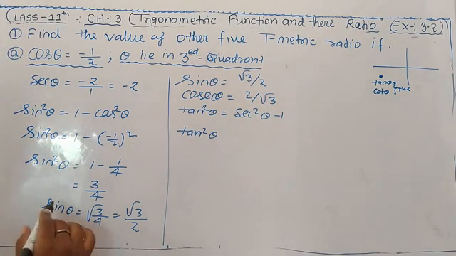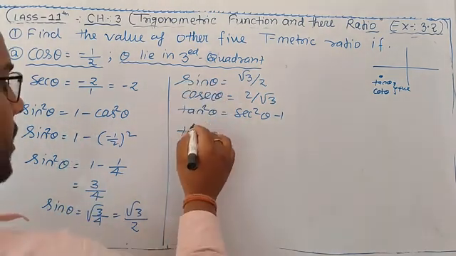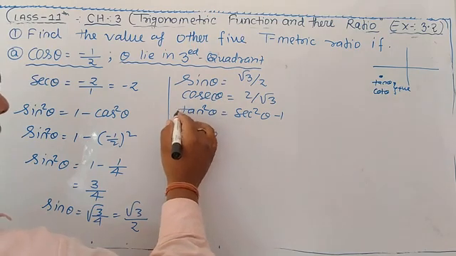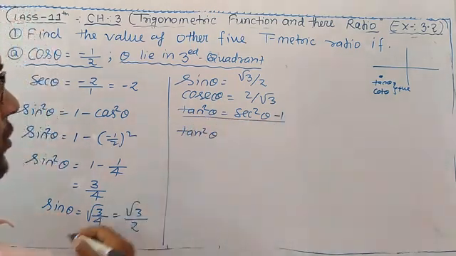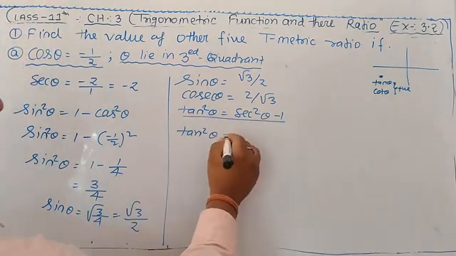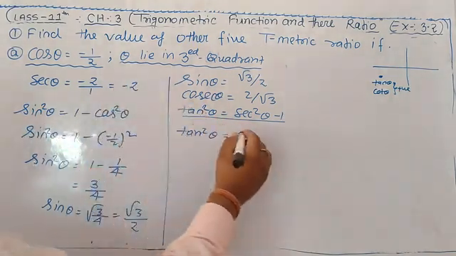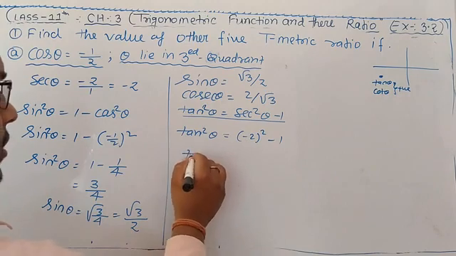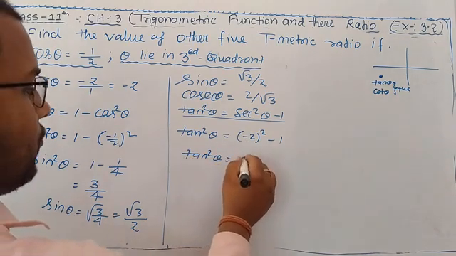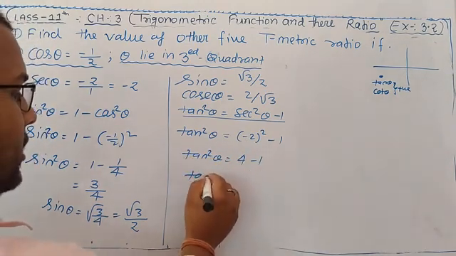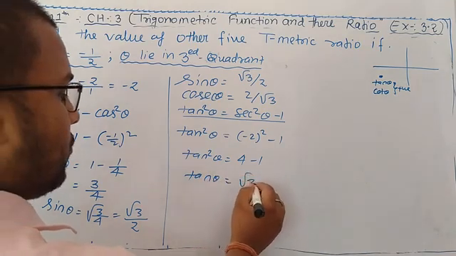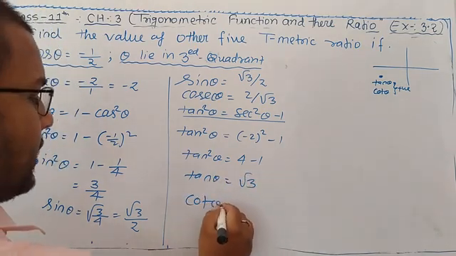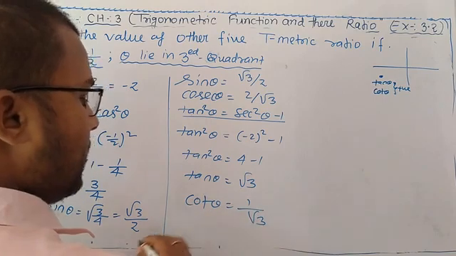Okay student. Next, tan square theta is equal to sec square theta minus 1. The value of sec theta is minus 2, square, minus 1. Tan square theta is equal to 4 minus 1. Tan theta is equal to root 3. Then cot theta is equal to 1 by root 3.